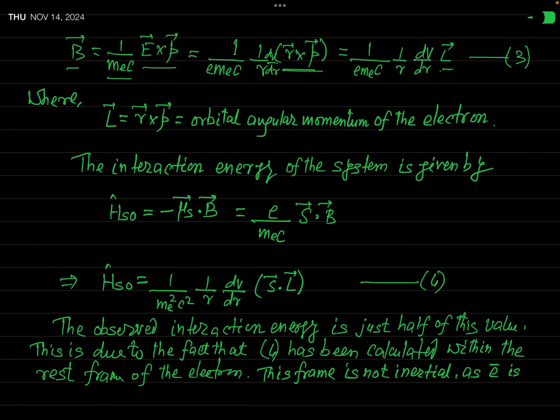And r cross p is replaced by L, which is the orbital angular momentum of the electron. You can see I have mentioned it here. So in this way you have obtained the classical formula, or classical result, for the magnetic field produced by the proton in the rest frame of the electron.